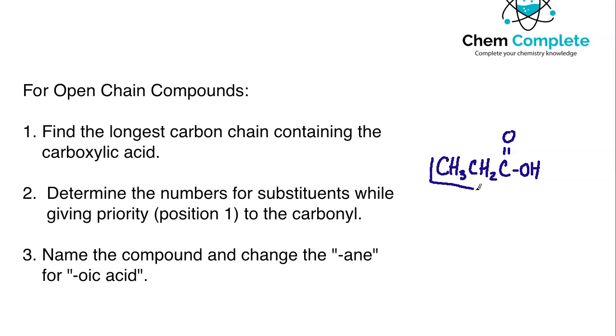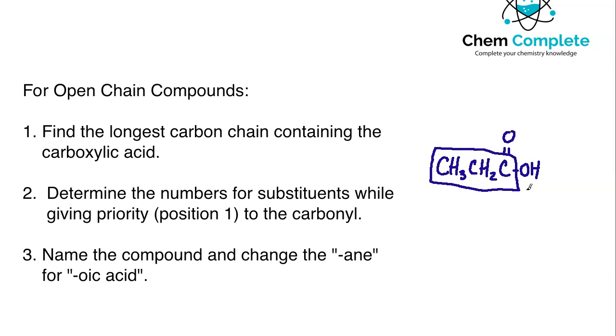All right, so the longest chain that contains the carboxylic acid would be this chain right here. Now this is important because some students forget this. The carbon in the carboxylic acid functional group counts as a carbon in the longest chain, okay? So we do not look at the CH2 and consider that to be the terminal or the final carbon in the chain, because this functional group contains a carbonyl similar to aldehydes and ketones and other carbonyl functionalities.